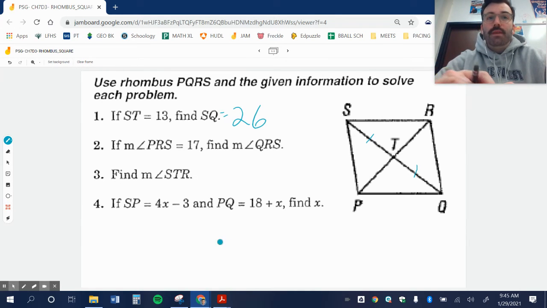Find the measure of angle QRS if the measure of angle PRS is 17. PRS is right here. I'll use red for that one. So I want the measure of this angle here. Well, I want to look back to my diagram.